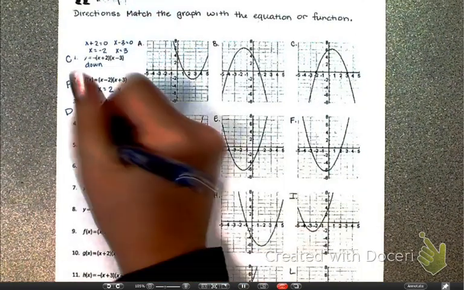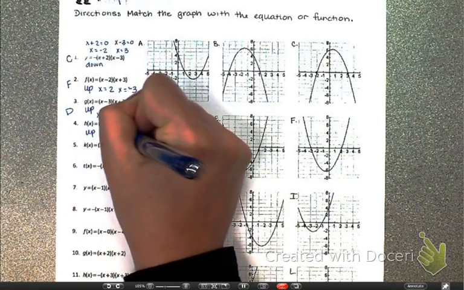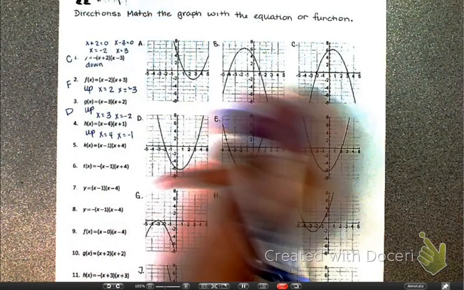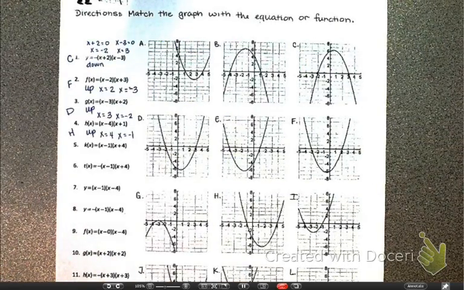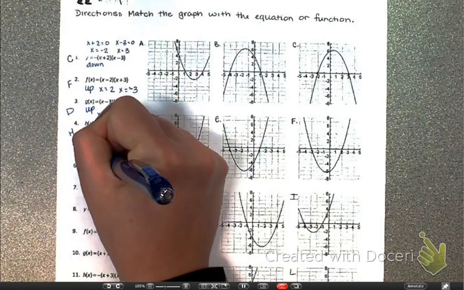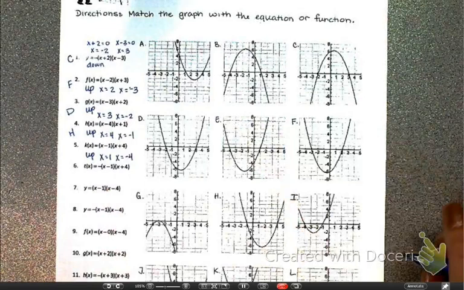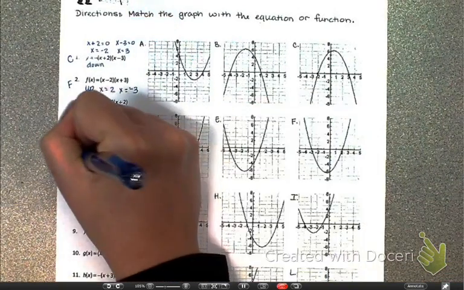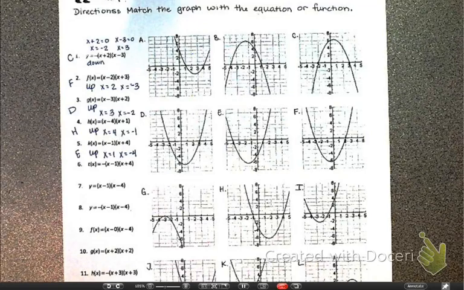Number 4 also opens up with x-intercepts at 4 and -1, which means you should have graph H. Number 5 opens up with x-intercepts at 1 and -4, which means you should have selected graph E. So far, so good? Awesome.